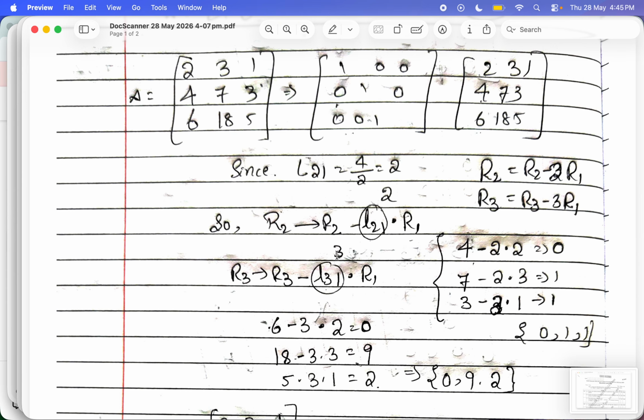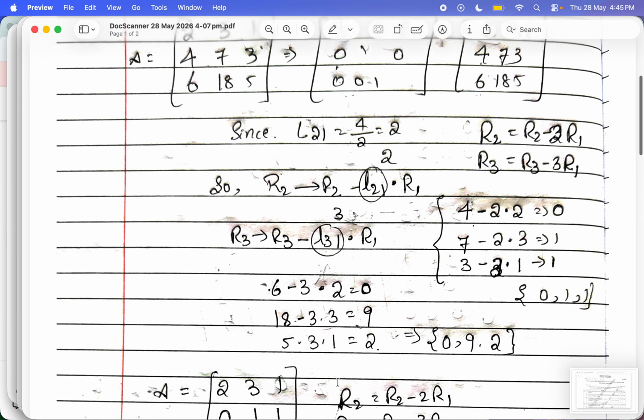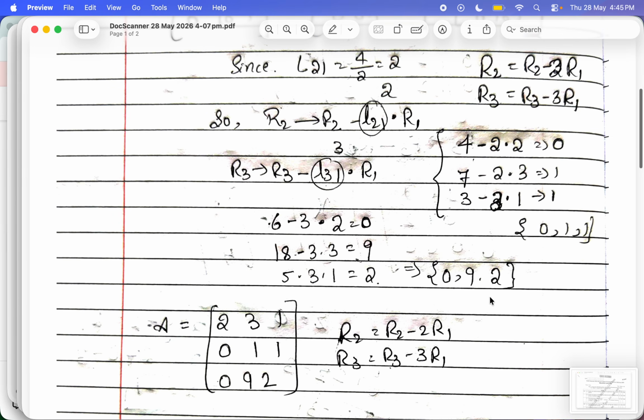So you have to consider 3 as a multiplier to make this location 0, that is the L of 3 1 location, third row first value. When you apply R3 minus 3 into R1: 6 minus 3 into 2 is 0, 18 minus 3 into 3 is 9, and 5 minus 3 into 1 is 2. The corresponding values will be 0 9 2.